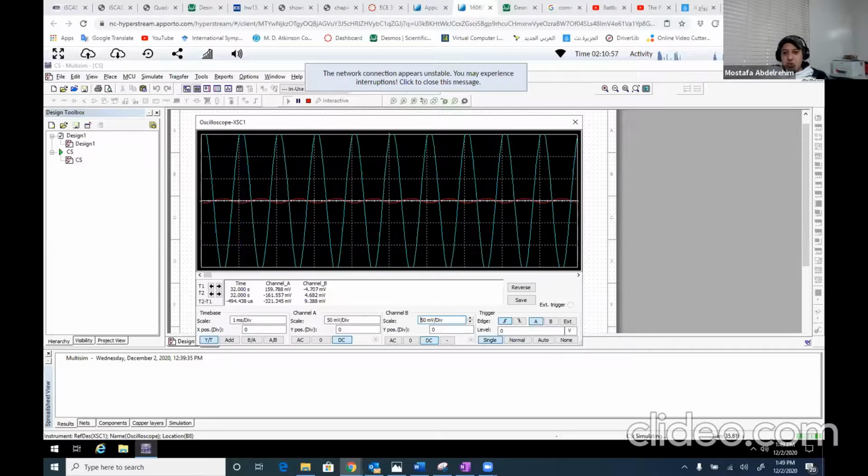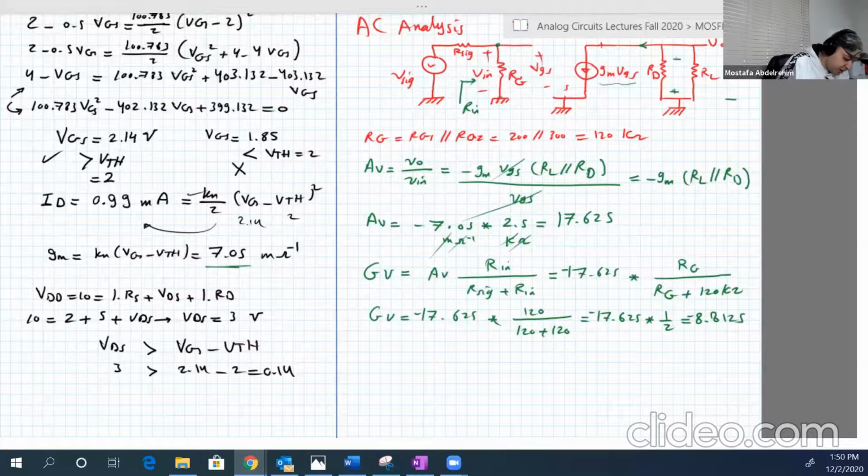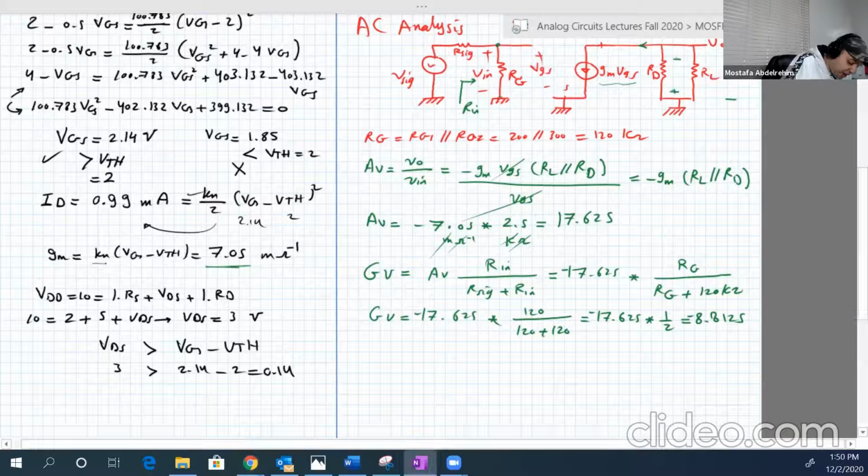So GM should be 14.1. When I calculate GM, let's go back here to correct this with you guys. When I calculated GM on my calculator, I made it Kn over 2, which is wrong.